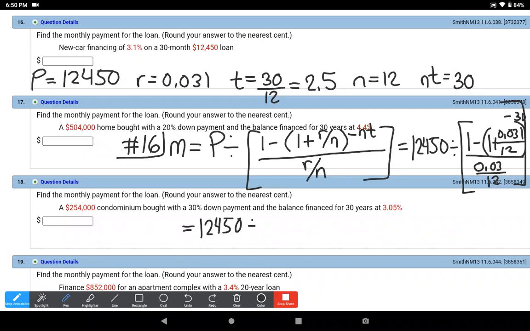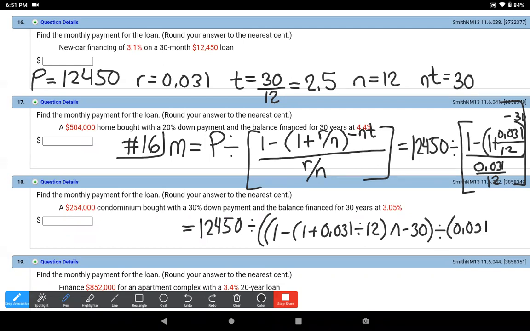12450 divide by parentheses 1 minus parentheses 1 plus 0.031 divide by 12 in parentheses caret negative 30 in parentheses divide by parentheses 0.031, cut my rate off above, and then divide by 12 in parentheses, in parentheses.